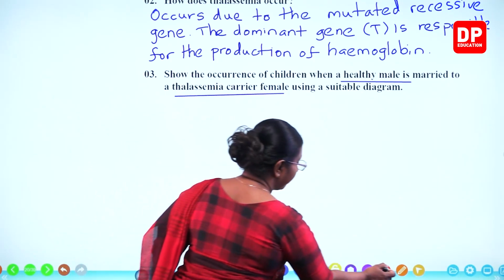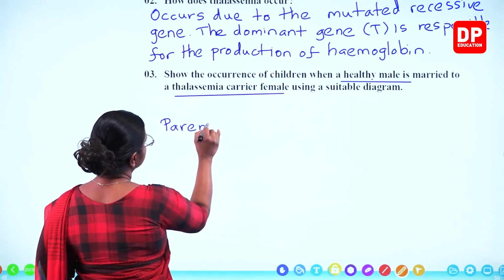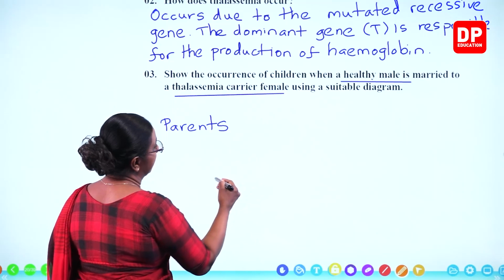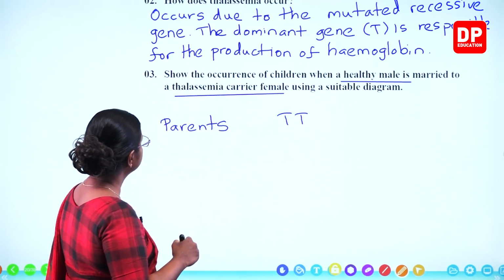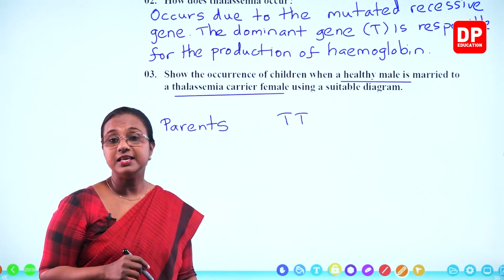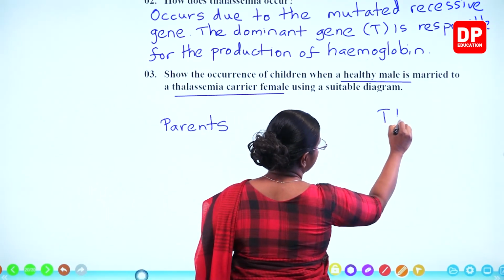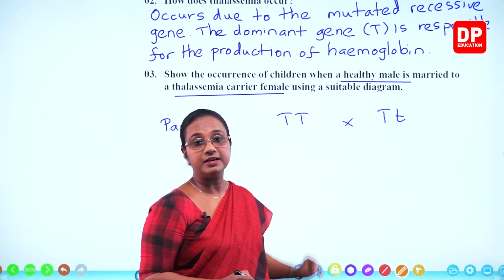So here we have the parents. One is a healthy male, so it's going to be both capital T, and the thalassemia carrier female is going to be heterozygous, capital T, simple T. Healthy person, carrier person.